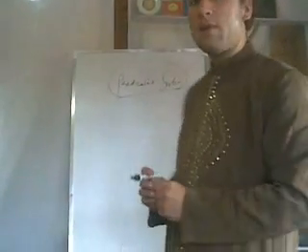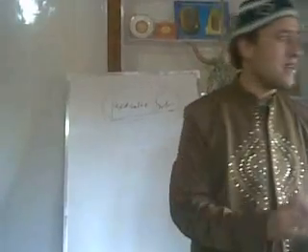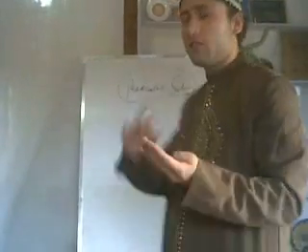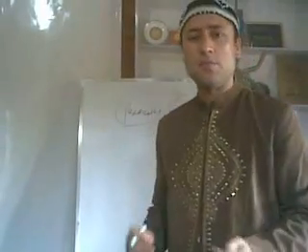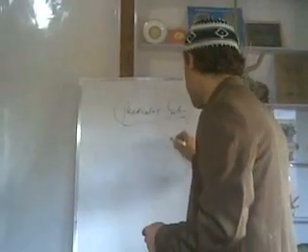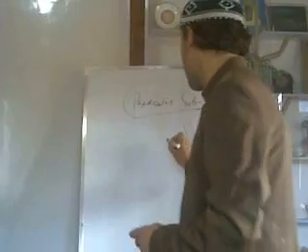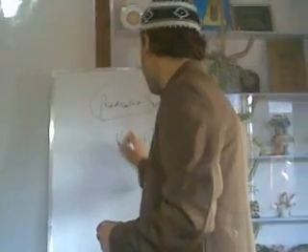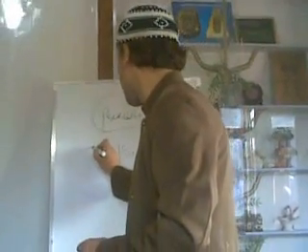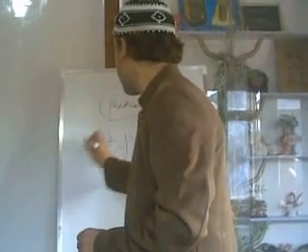When we are talking about al-jumlatul fa'liya, the structure of the sentence in Arabic is: first we bring the verb usually, and then we bring fa'il, and then we bring maf'ul. So this is the structure of the verbal sentence in Arabic language.